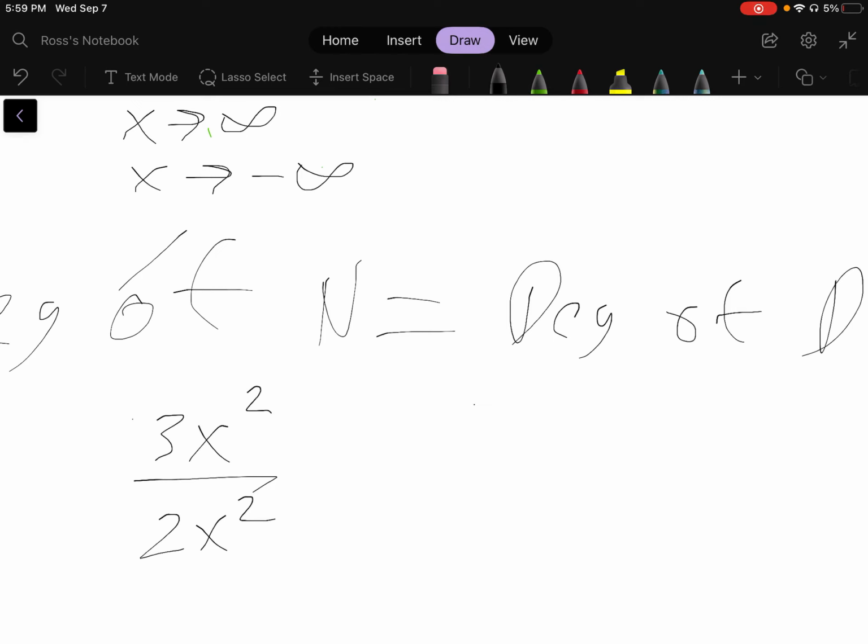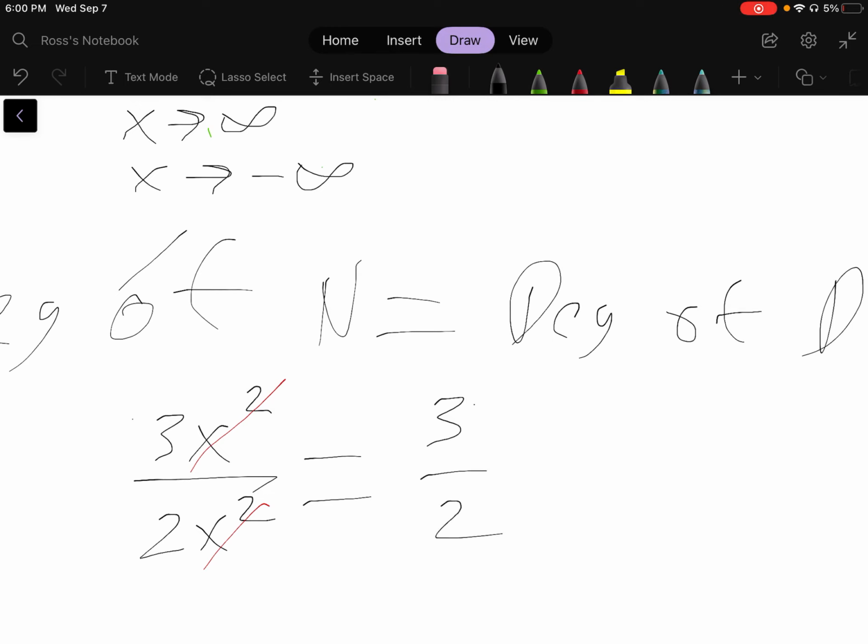Both have a degree of 2. And in this case, we will have an HA. Conceptually speaking, we have two evenly matched degrees. So if we think about them simplifying, when they cancel each other out, what we're left with is 3 over 2, right?